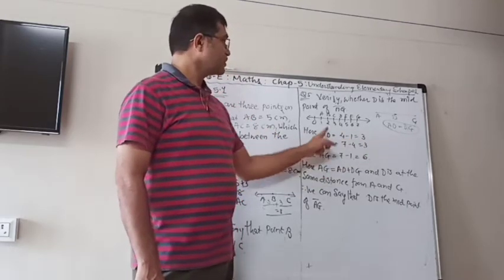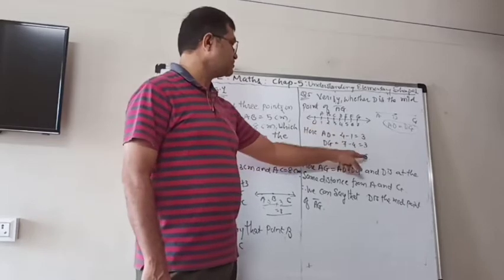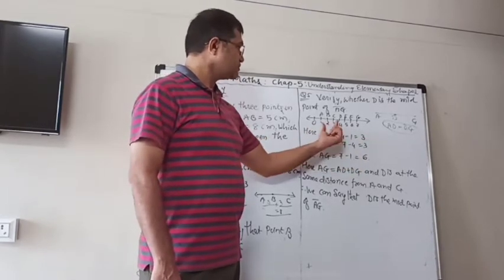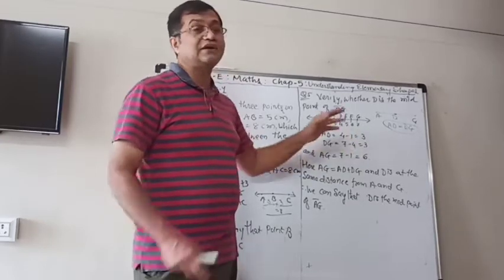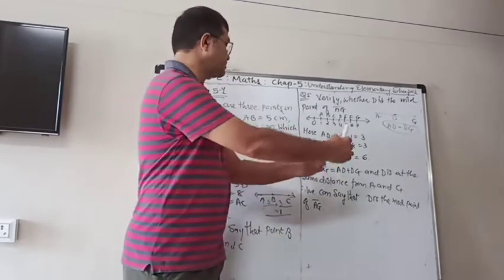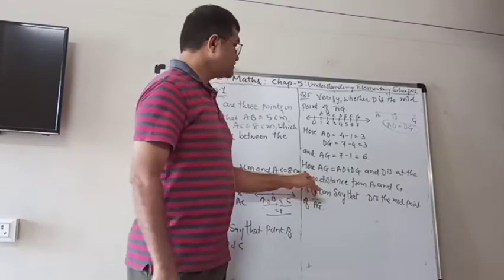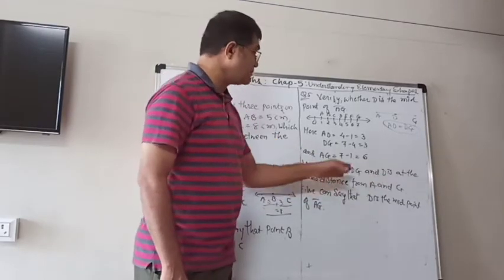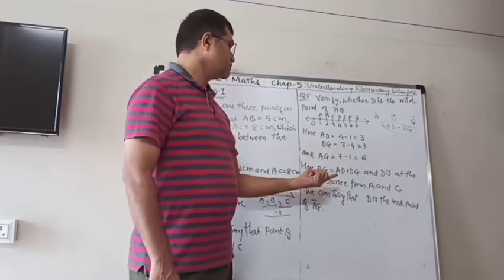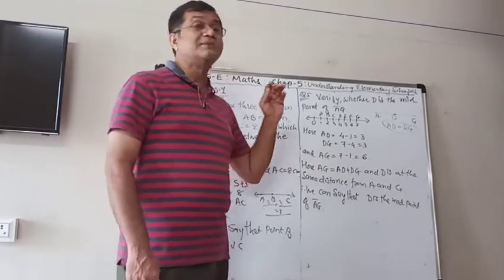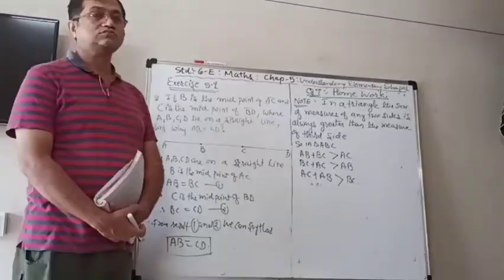And the whole AG is 7 minus 1, which is 6. So the distance from both points A and G to the point D is the same, 3 and 3. D is at the same distance from A and G, so we can say that D is the midpoint of AG.